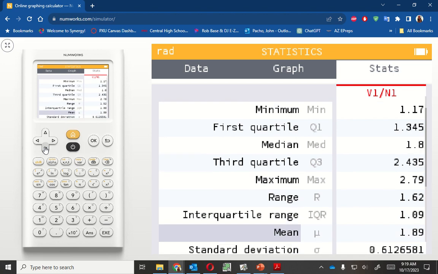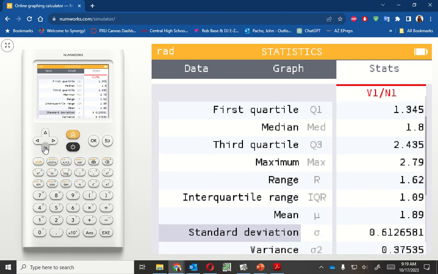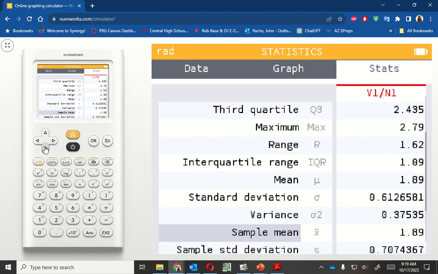So I'm going to start scrolling down, and I want the mean. Okay, this mean, the symbol, it's called mu. That's a Greek letter mu. It looks weird. But we're going down to sample mean, for we're dealing with a sample here.